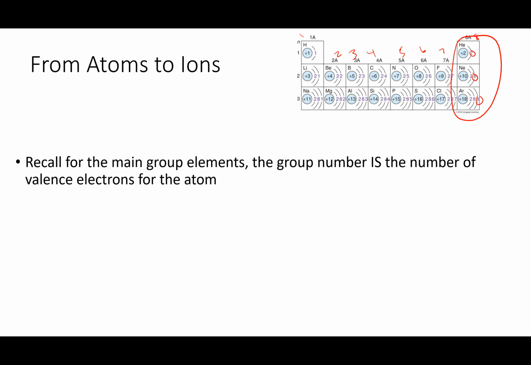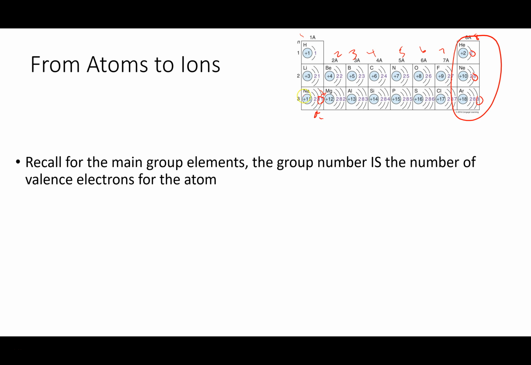Okay. So does this make sense? I'm going to pick on sodium because it's easier. What sodium will do is kick off this electron, this one right here, and in doing so, he will become a +1 charge.